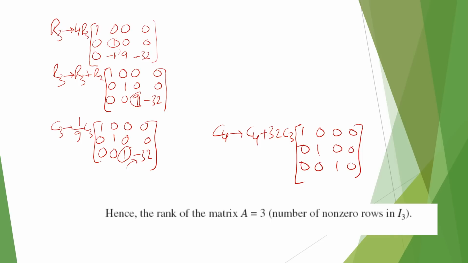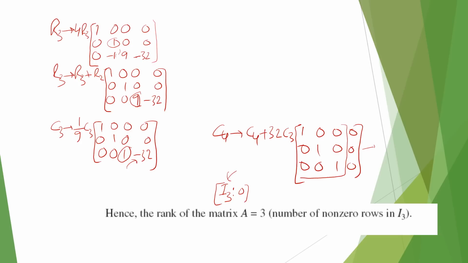Now what we see, this matrix is what? This is an identity matrix. So it becomes I3 0. So we can say after reducing the given matrix, when we convert it into normal form, the normal form of that matrix is I3.